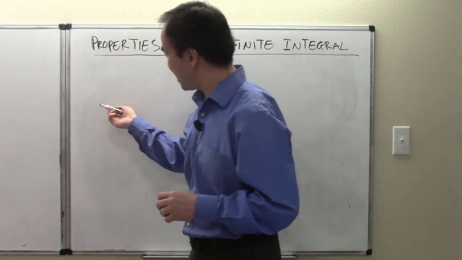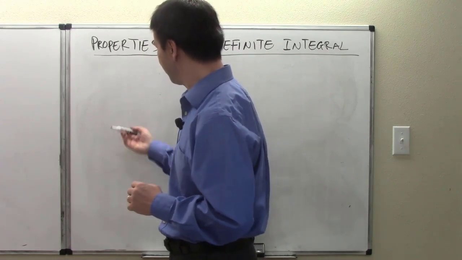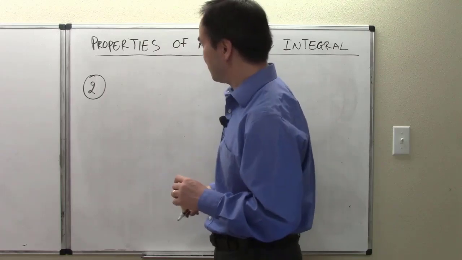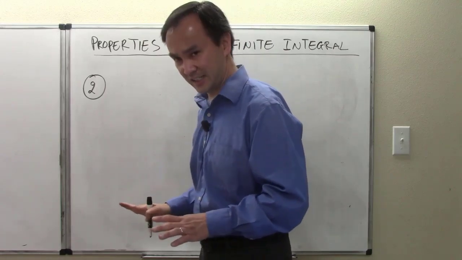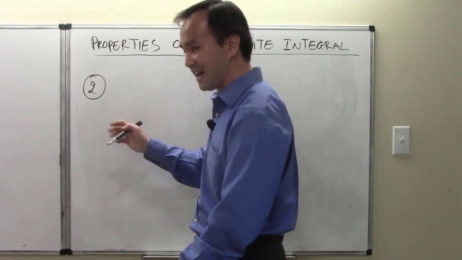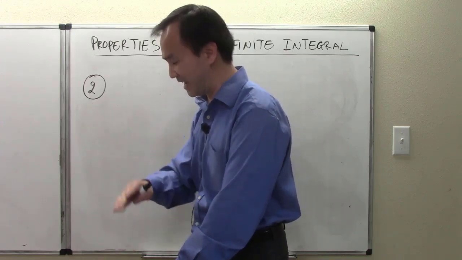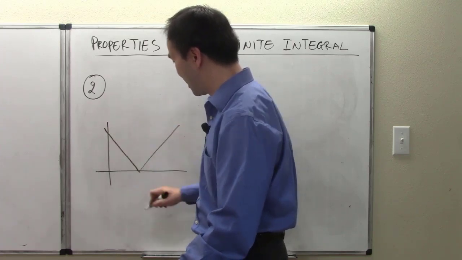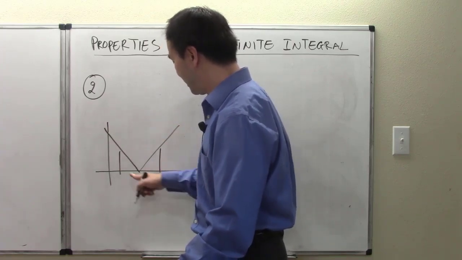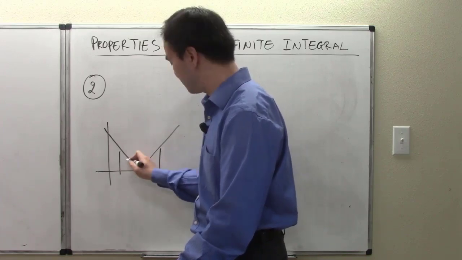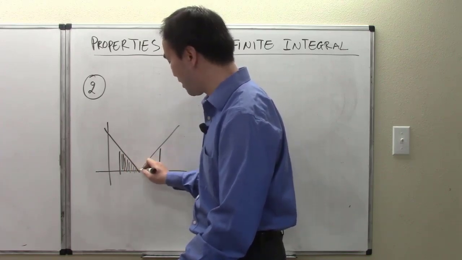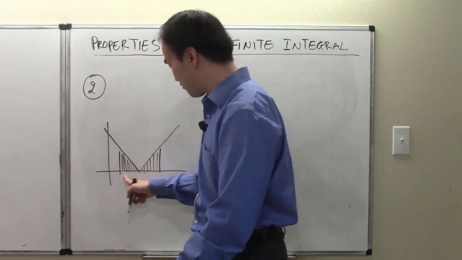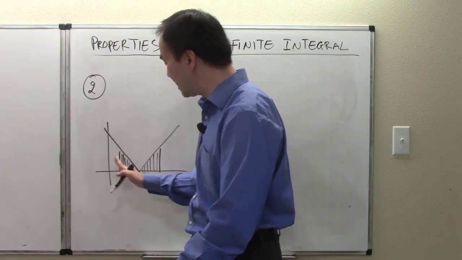Here's another property that I want to point out. Property number 2. You have seen this earlier in our example 1, at the end of the example, when we handled a definite integral by interpreting it as an area, and we saw that in the end we had to break it up into two separate areas, and then in the end it's accumulation.